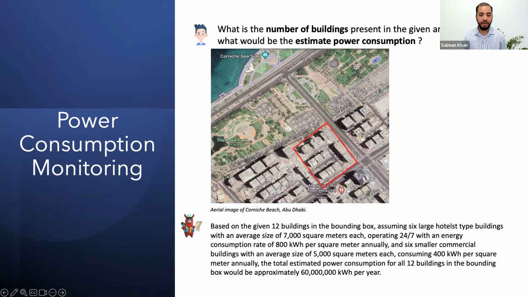Then it is really around counting the buildings, estimating the height, perhaps by looking at the shadow length or using its generic information about the Corniche Beach in Abu Dhabi, and then estimating how many people might be living here, and what the general average power usage of a unit, an apartment, and so on is, using all of that information to come up with an approximate number for this query.